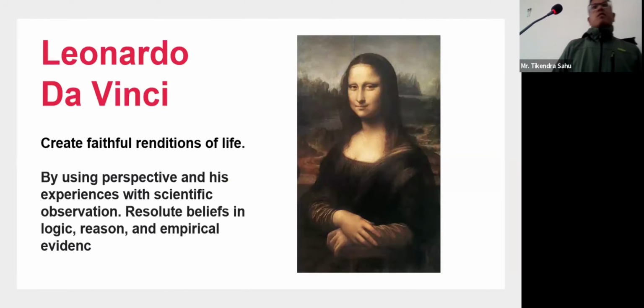Also, Leonardo da Vinci, 500 years ago, created faithful renditions of life. He used the scientific way of observation and believed in logic, reason, and empirical evidence. Why people still love Leonardo da Vinci is because he had a passion for observation, the talent to put what he observed on paper, and the passion of thinking in a totally different way.